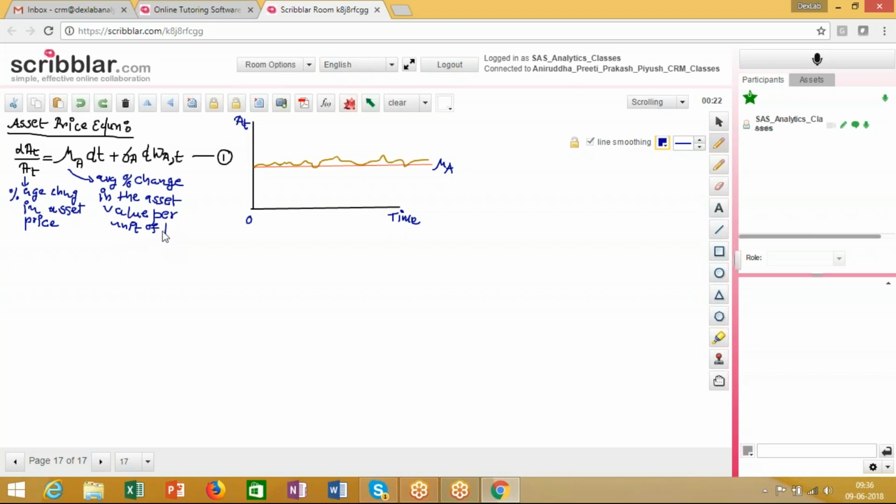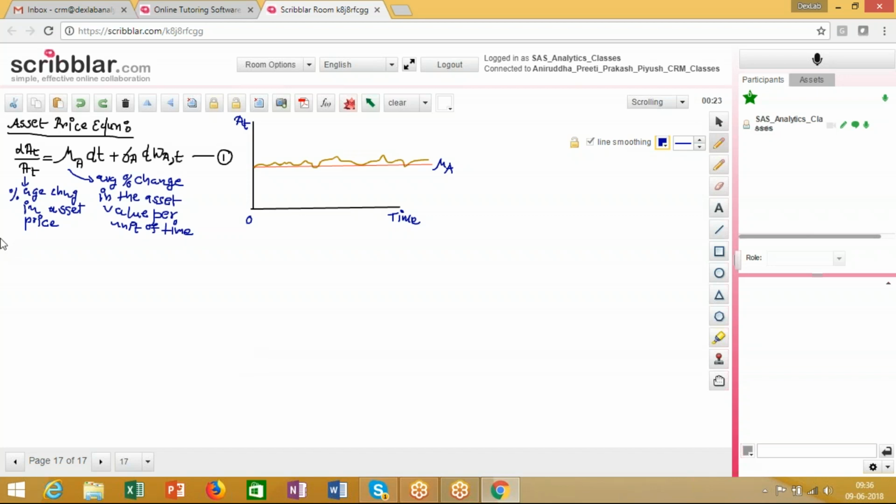So this is the average change in the asset value per unit of time.